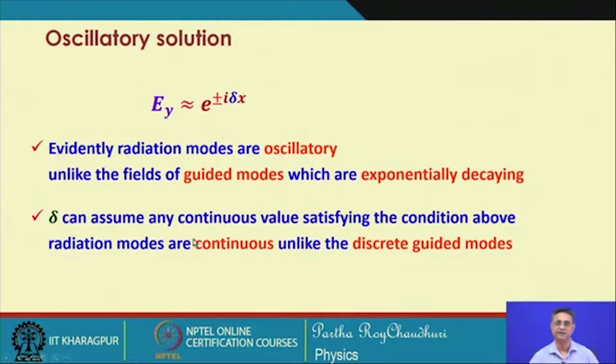For a mode to be guided, it should be an oscillatory function in the core, but an exponentially, evanescently decaying function in the cladding. But it is seen from this condition that if n effective is less than n 2, the fields are oscillatory even in the cladding region, which is different from the guided modes, which are exponentially decaying.